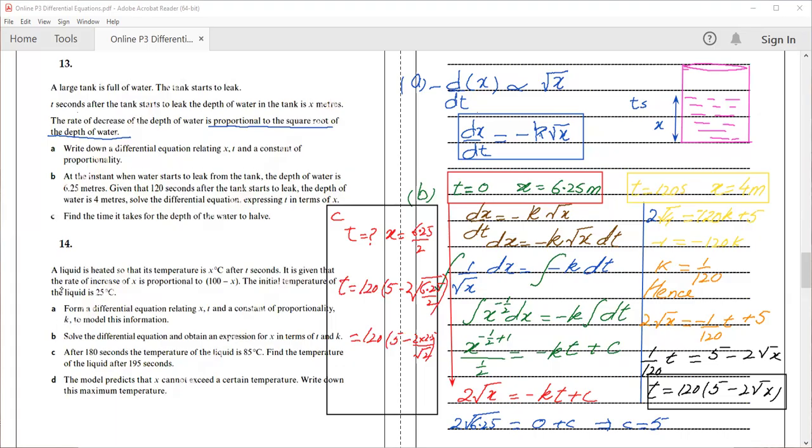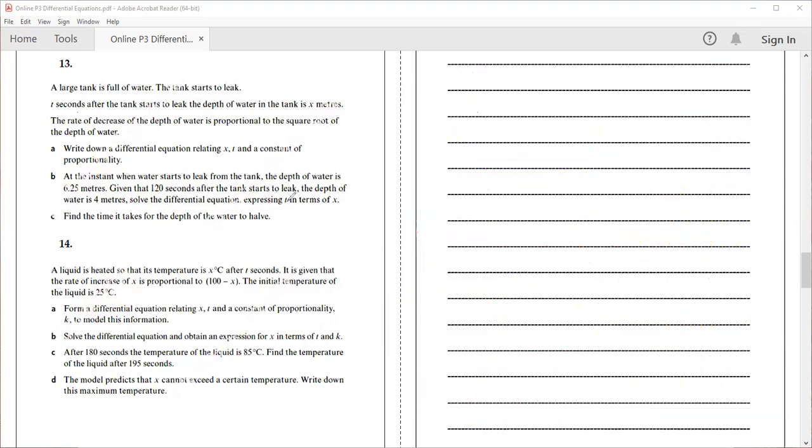The next question is question number 14. A liquid is heated so that its temperature is x degrees Celsius after t seconds. So when time is equal to t seconds, its temperature will be x degrees Celsius.